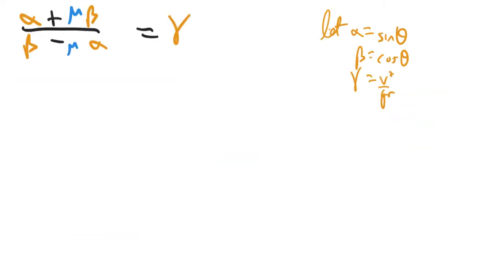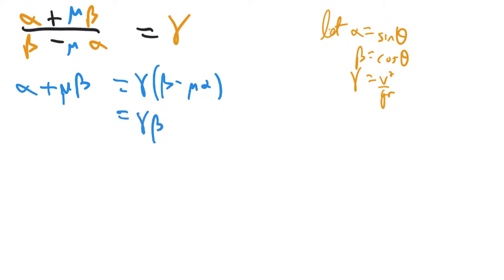So we cross multiply, and we have alpha plus mu beta equals gamma times beta minus mu alpha. And then we might want to distribute. So this is gamma beta minus mu gamma alpha. And this is still alpha plus mu beta. And then we're going to bring this one over here, and we're going to subtract off alpha.